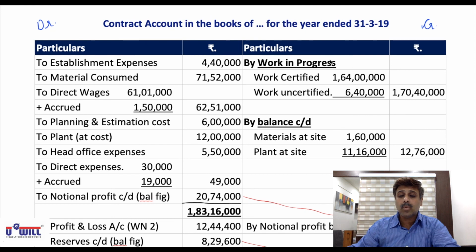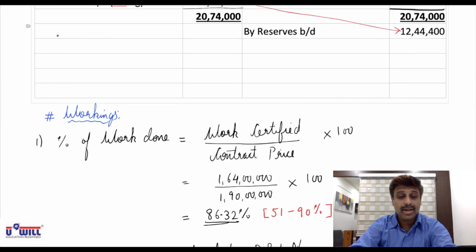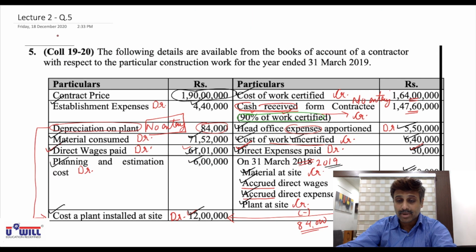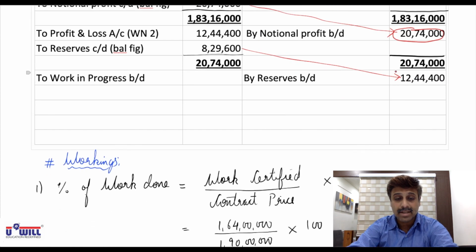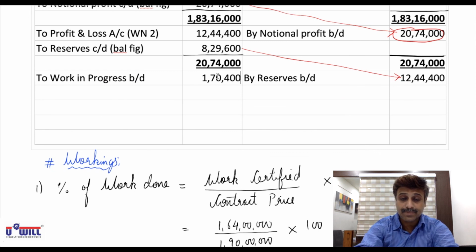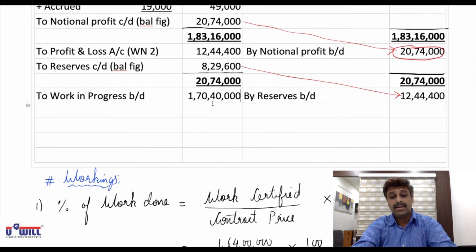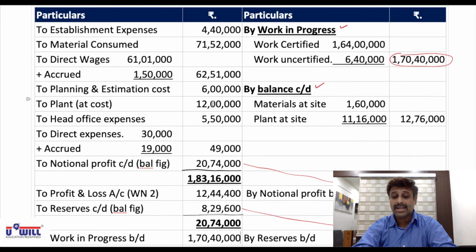Thereafter, work in progress and balance carried down will both be written on the debit side, the opposite side. Debit side: to work in progress brought down, directly from there, 1,70,40,000. No need to show the details of how much is certified or uncertified. That work is just carried forward to the next year.